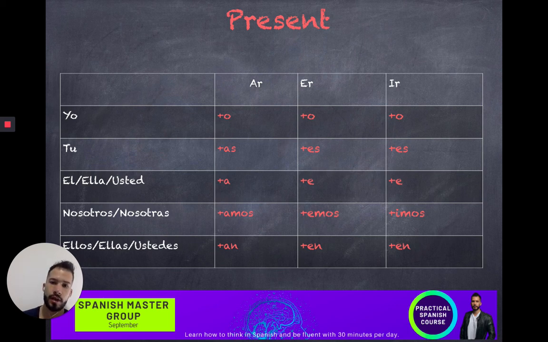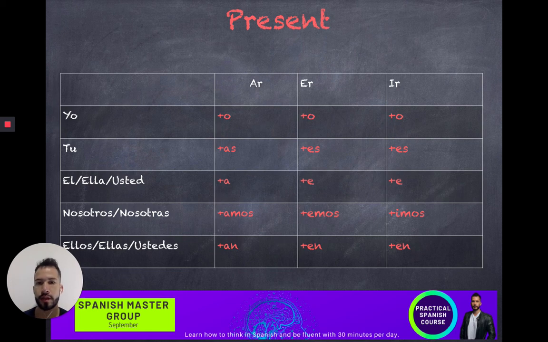For ER and IR, it's es, right? For él, ella, usted, remember take away the AR, ER, and IR, and then you add a for AR, e for ER and IR.